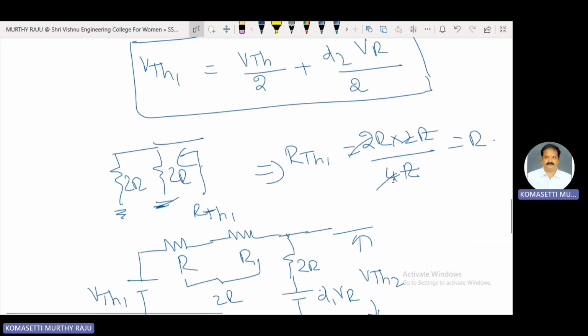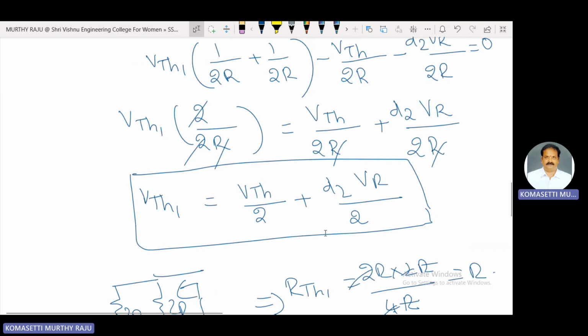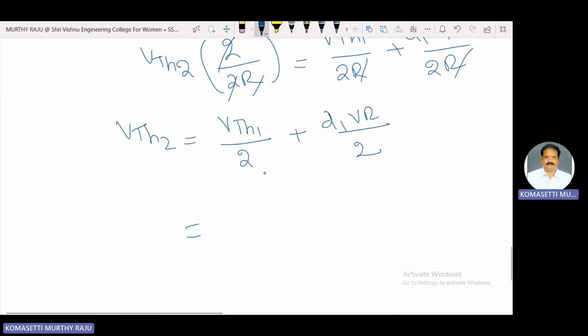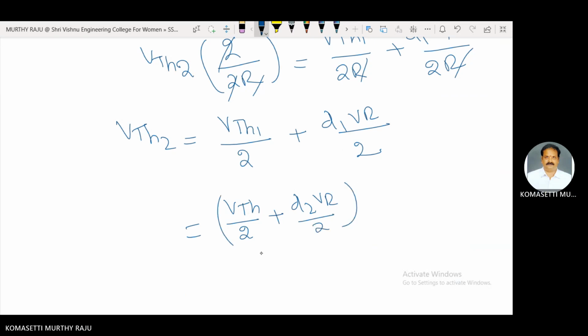VTH1 value is VTH by 2 plus D2 into VR by 2. Substituting, VTH2 is equal to VTH by 2 plus D2 VR by 2, all by 2, plus D1 into VR by 2.